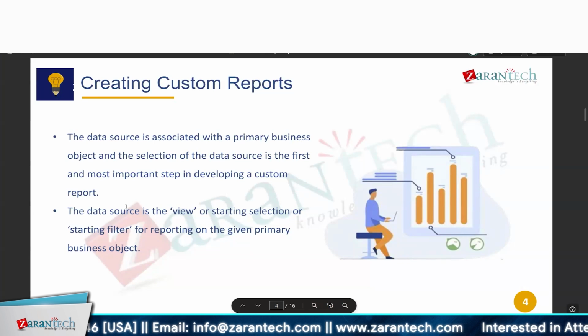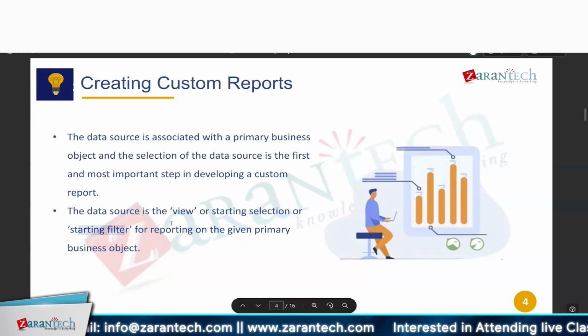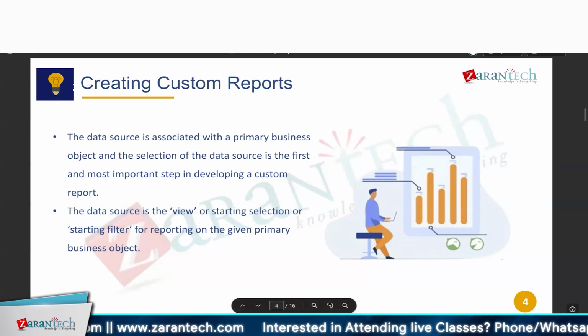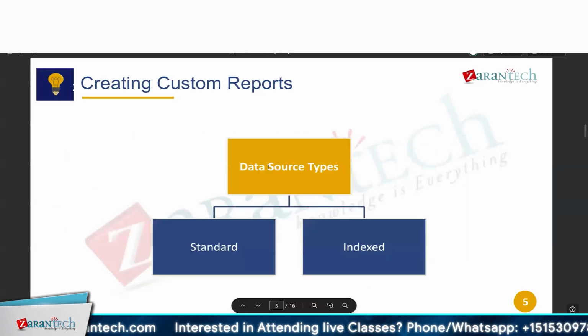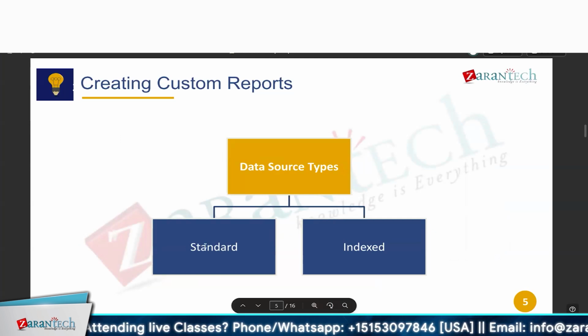So the data source is the starting point, the primary filter for any custom report. Without a data source, we will not be able to create a custom report. Okay. So when we talk about data sources, there are two types that Workday offers. One is the standard data source.